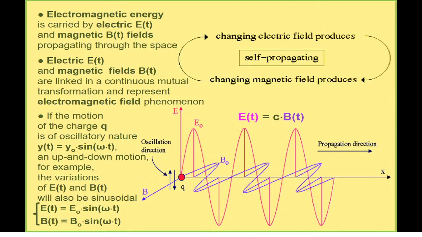And you can see that the vectors of electric and magnetic fields are oscillating in the planes that are perpendicular to the direction of the wave propagation. So this determines the electromagnetic waves as transverse waves. It is a kind of transverse waves.